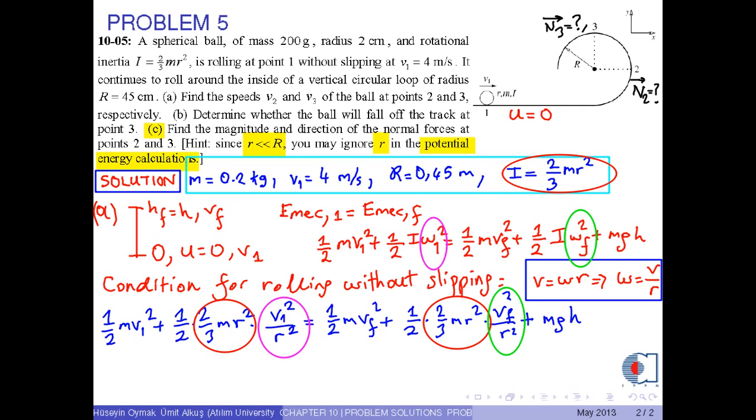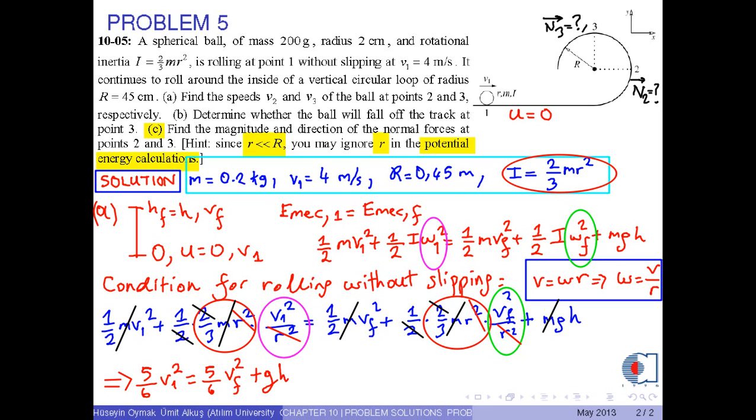After the necessary cancellations, we obtain 5 over 6 v1 squared equals 5 over 6 vf squared plus g times h.